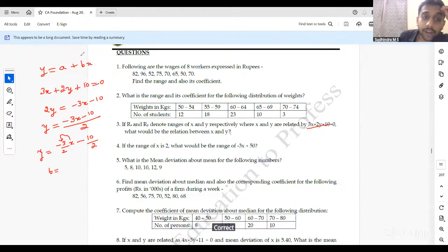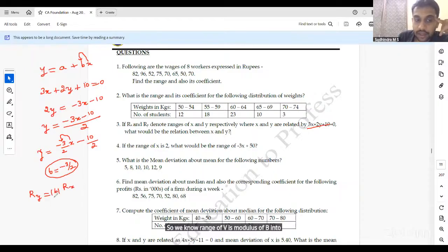Minus 3 by 2 is the value of b. Range of y is modulus of b into range of x. Modulus of b will be 3 by 2. Range of y is 3 by 2 range of x.